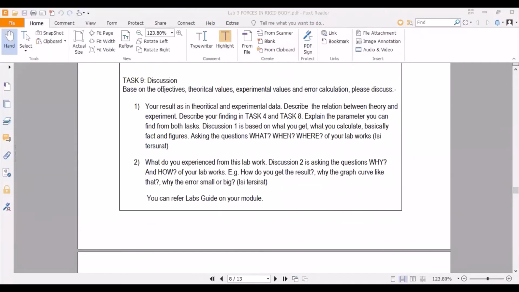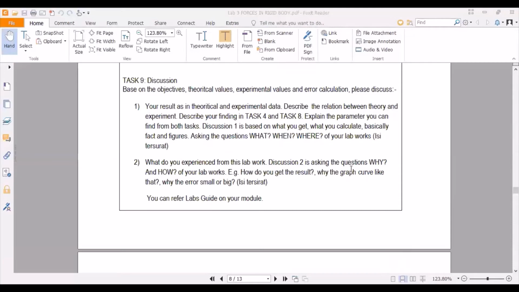Discussion 1 is, your result is theoretical and experimental data. Describe the relation between theory and experiment, by describing the findings from task 4 and task 8. Explain what, when, where. And the second, what do you experience from this lab work?